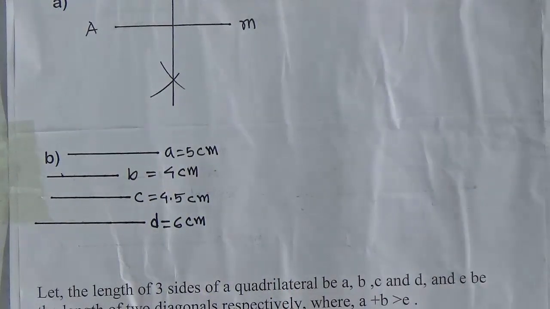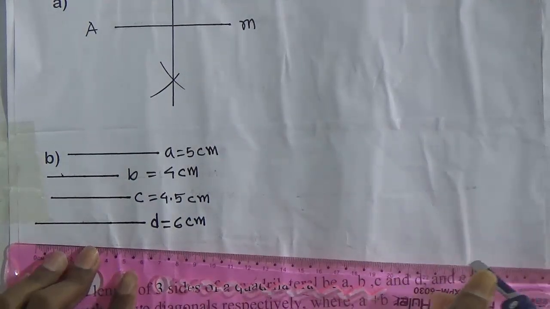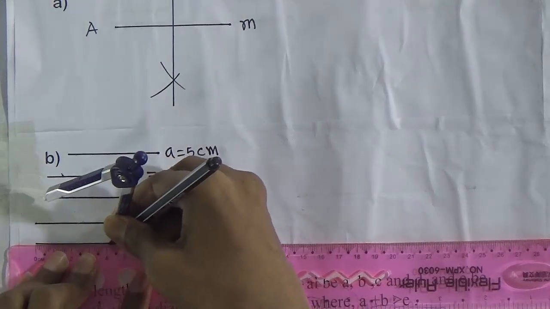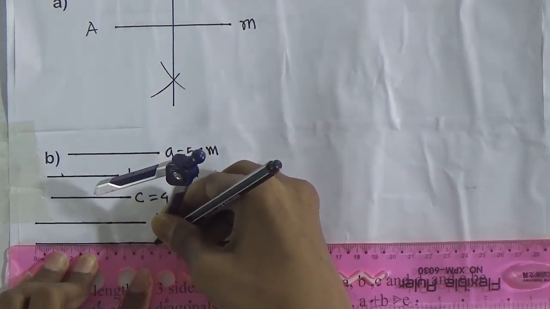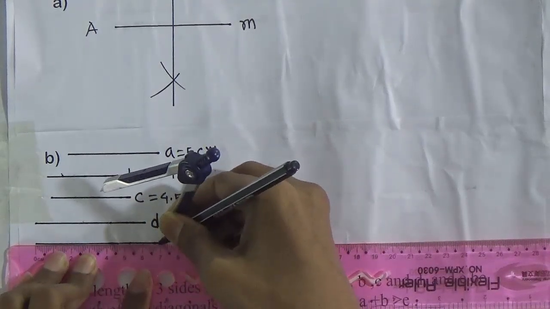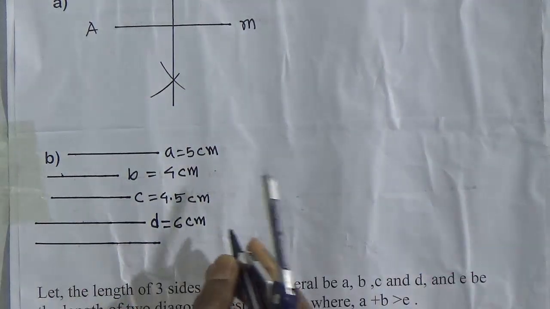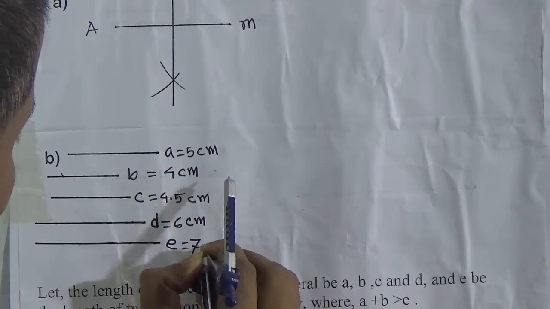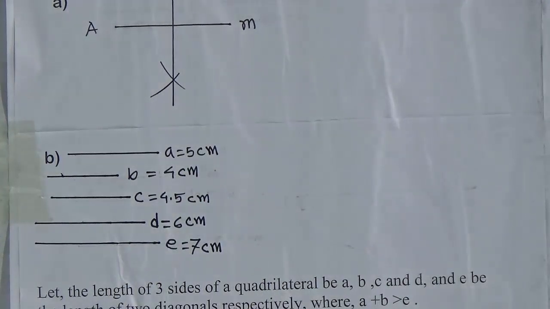And another diagonal is 7 cm. e equal to 7 centimeter. Okay, now we have to draw the quadrilateral.